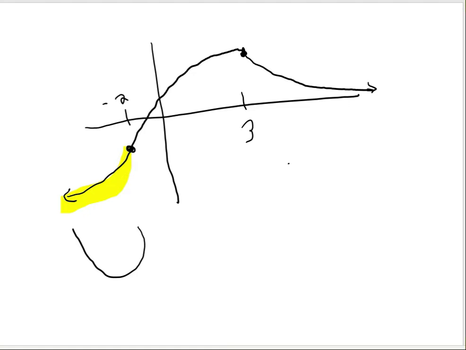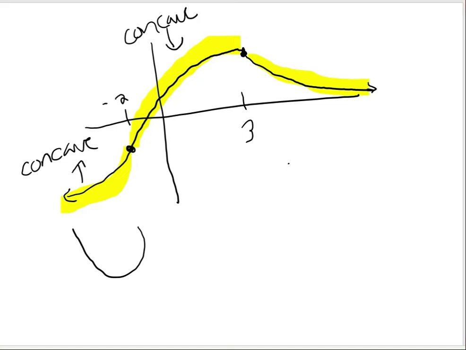And same over here. In those areas where you see that upward parabola shape, we say those areas are concave up. Versus here we have a downward parabola type shape. That would be concave down.